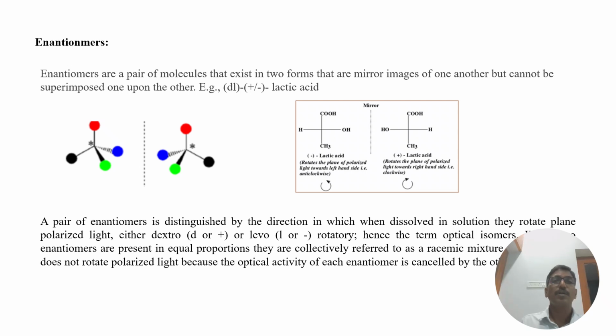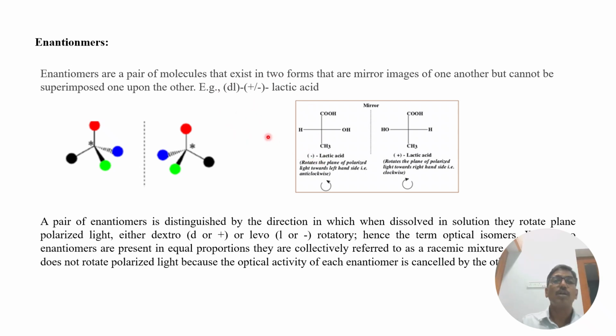A very good example is DL, plus or minus, lactic acid, where the small d and l denote the rotation of plane polarized light, the plus and minus. D is the dextro, L is the levo. Dextro is the clockwise direction, a positive sign, and L is levorotatory, an anti-clockwise direction.